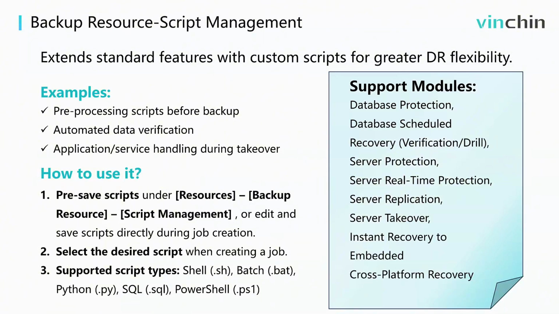You can follow these steps, these guides to use the script. And for the support modules, the normal database and recovery, the server protection, the real-time part, and the migration part are all supported.